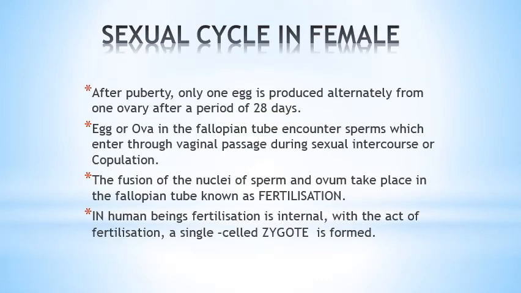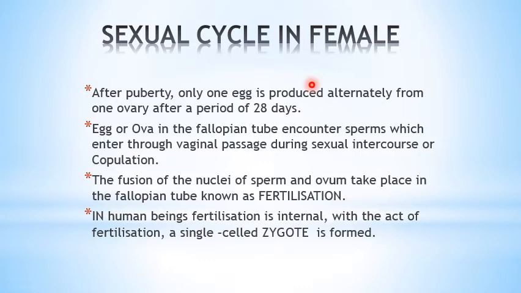After finishing the various parts of the female reproductive system, the very important section of sexual reproduction is the sexual cycle in females. Basically there are two conditions.